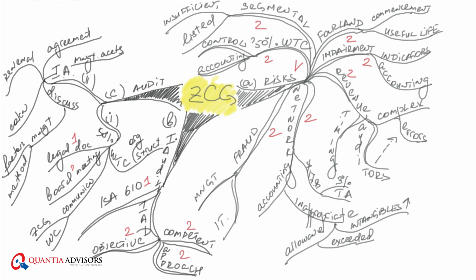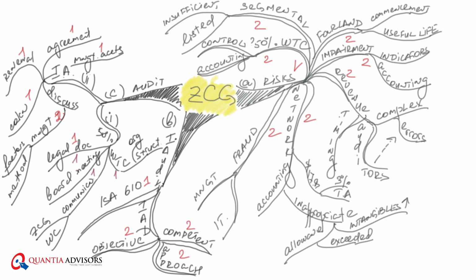Okay, and as a final step, you can make sure that you have included enough points to earn full marks. I do it by simply calculating the points earned. The mind map is almost ready.